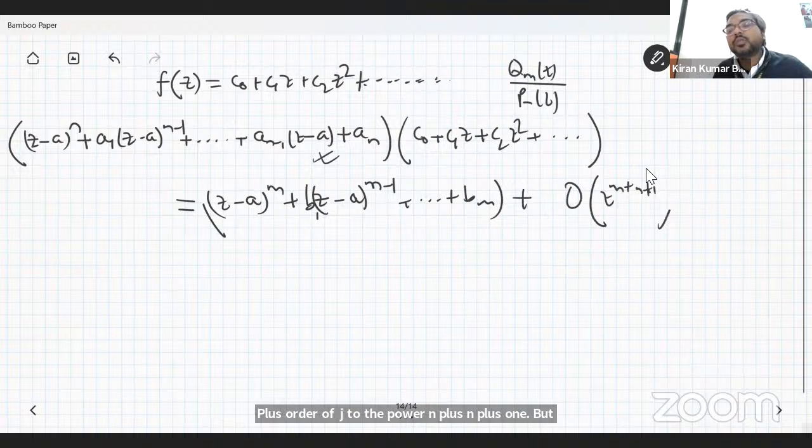So this order of z^(m+n+1) means it is a power series that starts with the term z^(m+n+1), if you go into the theory.